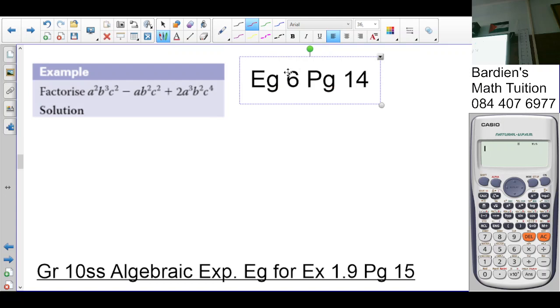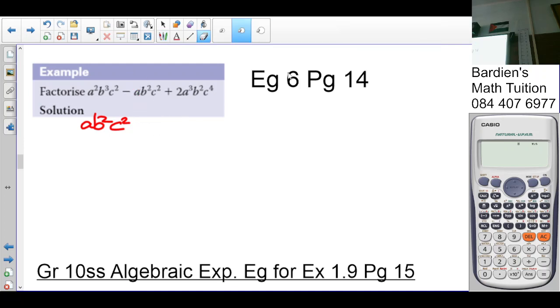So what is common here? Between b cubed, b squared and b squared it is going to be b squared, c squared. No? Right. So I'm saying a squared, but you see here, it's only an a. So it can't be a squared. So the highest common factor is a there.